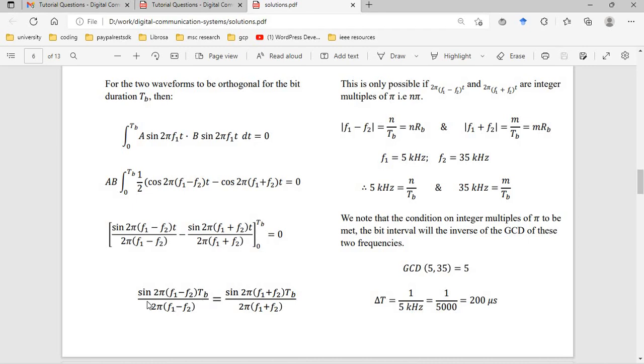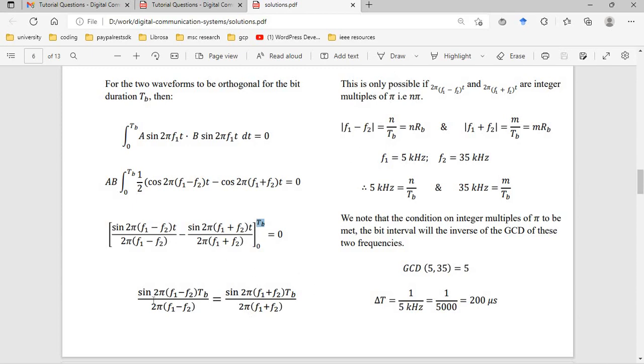And simplifying that, you have sine 2 pi (f1 minus f2) multiplied by tb over that value should be equal to this. So basically you perform that substitution and you should end up at that point.